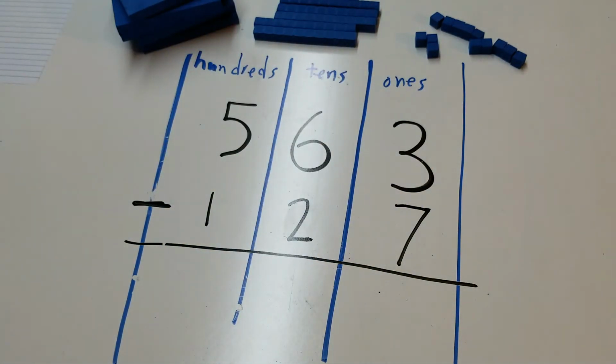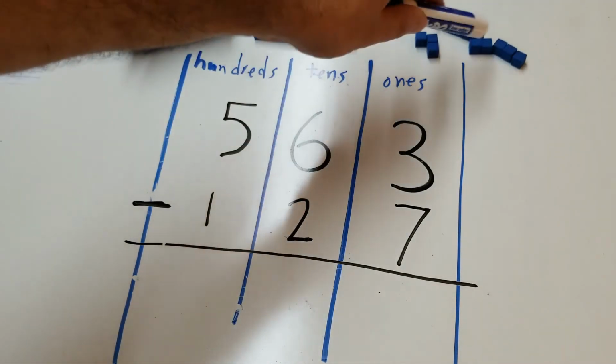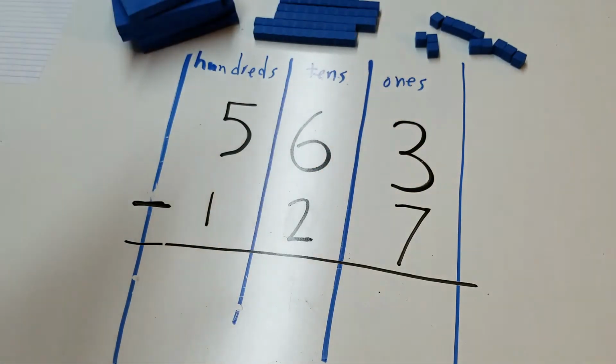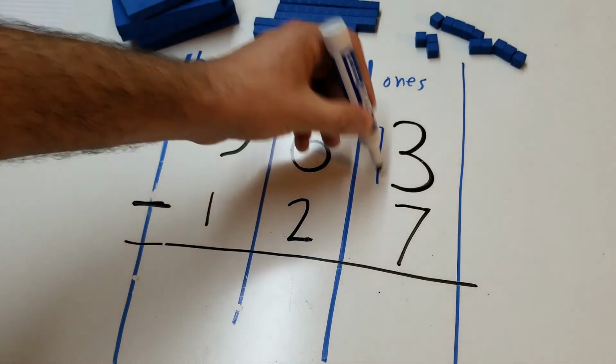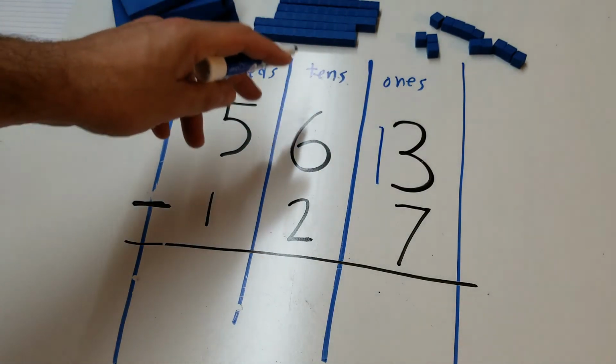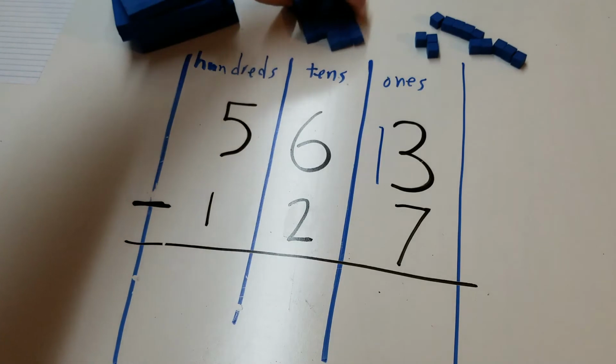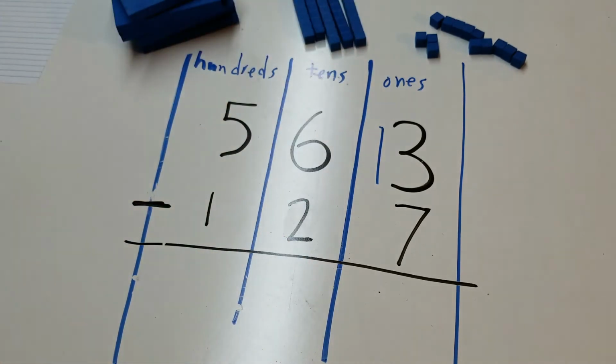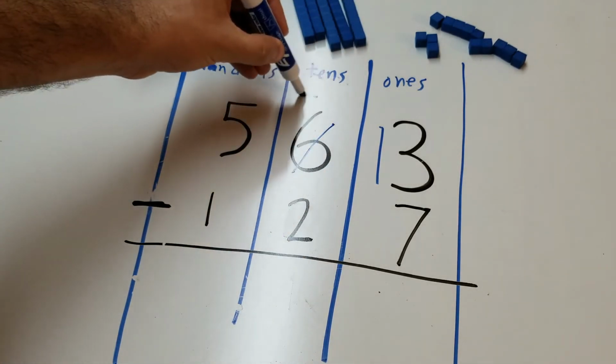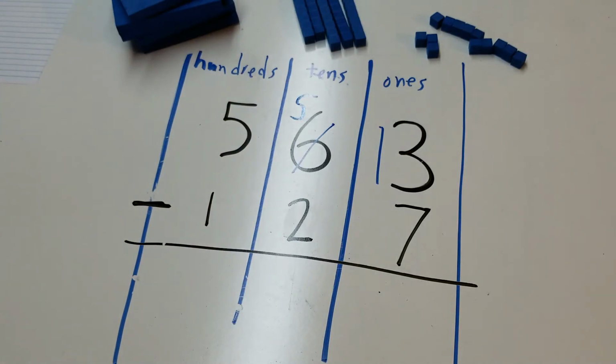And so I don't have 3 ones anymore. I have 13 ones. I don't have 6 10 rods anymore. I've got 5. I just cross that off, put a 5 there.